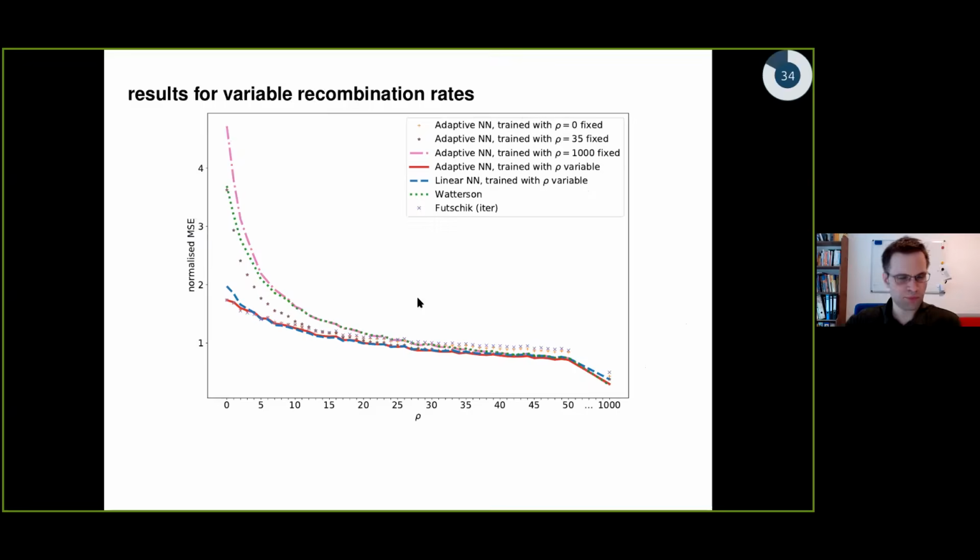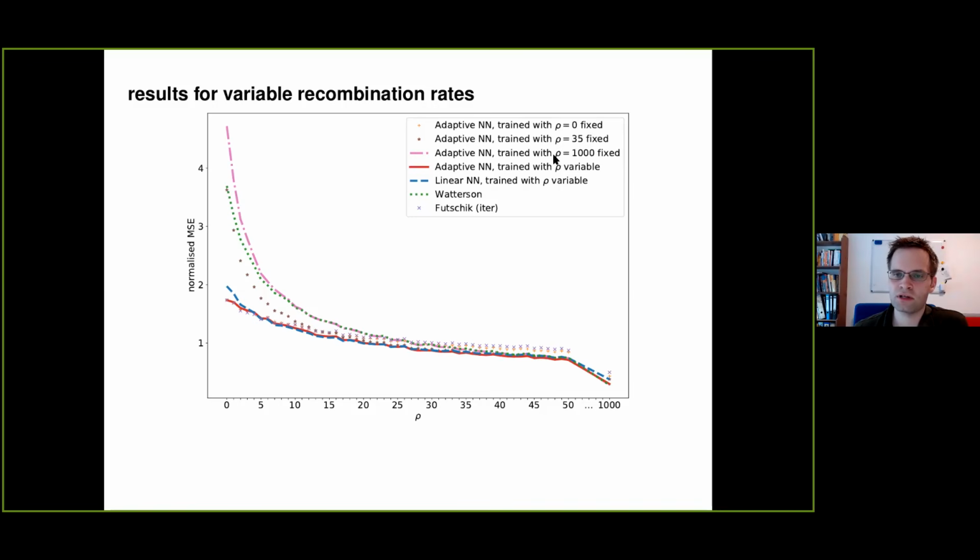Then we went one step further and asked, can we learn a good estimator which doesn't rely on a training set with the correct recombination rate? So here we have four adaptive neural networks trained on different data sets. One is for without recombination, one with intermediate recombination.